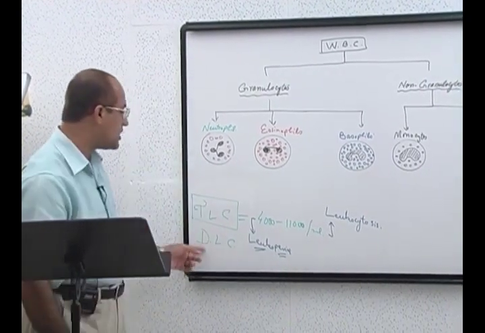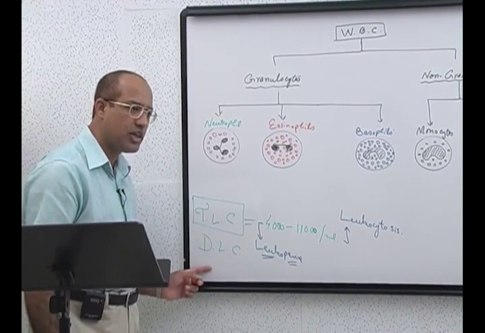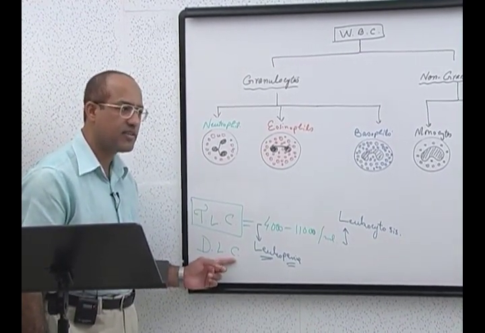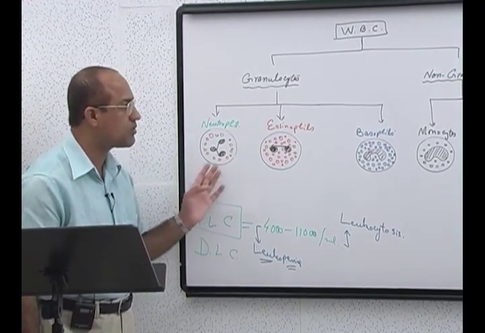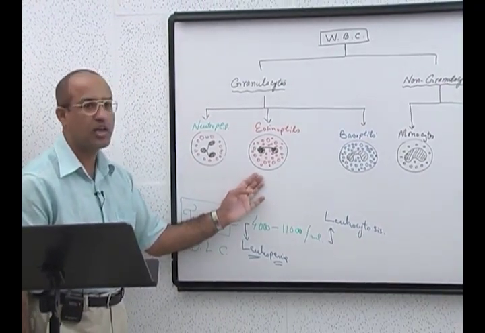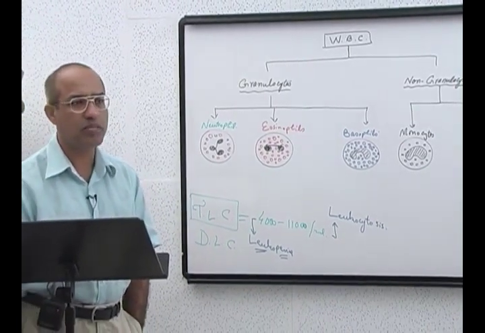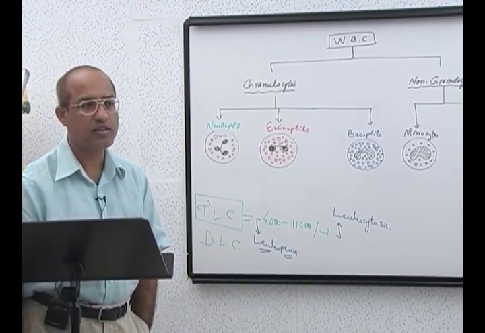But when we talk about DLC, differential leukocyte count, then you are talking about, out of 100 white cells, what is the percentage of neutrophils, what is the percentage of eosinophils, and so forth. The most abundant white cells are neutrophils.